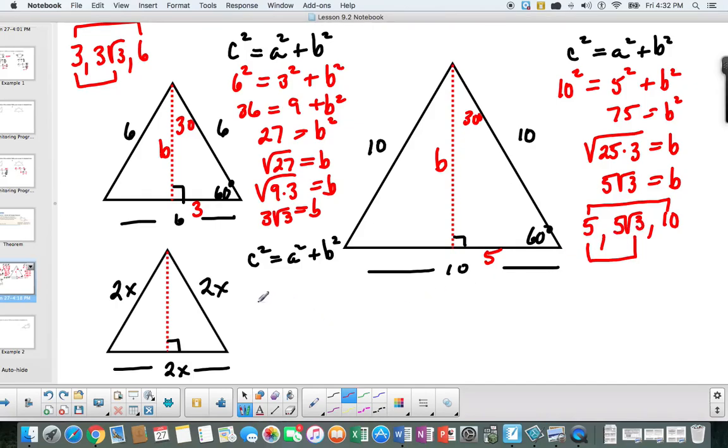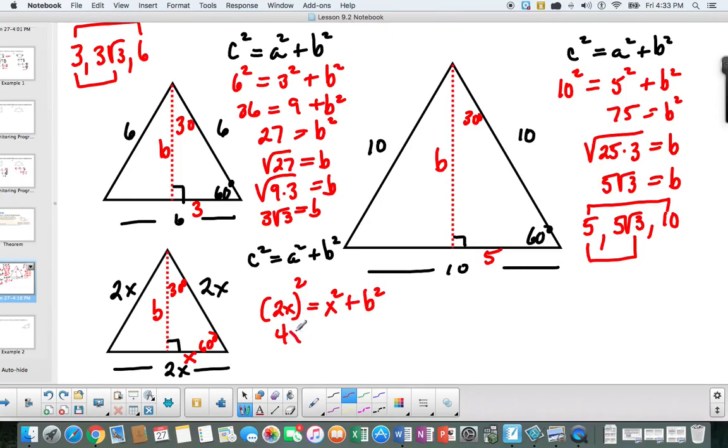So in general, if this is an equilateral triangle, this is 60, this is 30, then this thing will be cut in half, so that's going to be an x, and this is going to be our b. So I'm going to write c squared is equal to a squared, which is x squared, plus b squared.